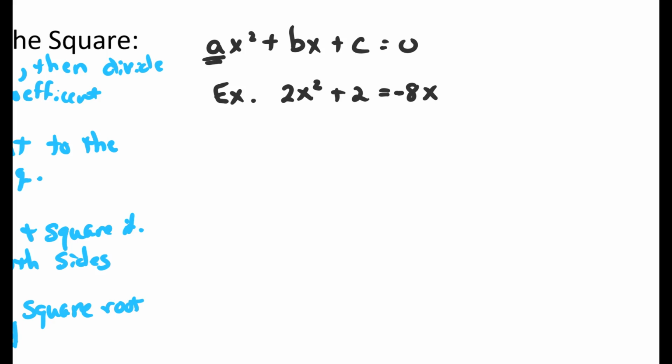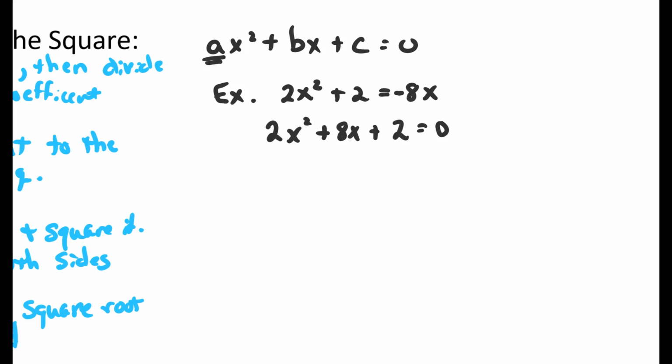What was our first step? Yeah, set it all equal to 0, right? So I get 2x squared plus 8x plus 2 is equal to 0. What was also in that first step besides putting everything equal to 0?